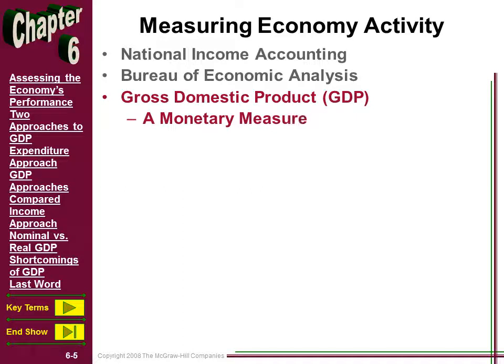Gross domestic product, the primary idea here is it's a monetary measure, okay? We looked at that equation, GDP equals P times Q. So we're measuring the quantity of goods and services produced, right? How many air conditioners and how many trips to the dentist and how many people got dry cleaning service and how many cars and trucks and motorcycles were produced in the United States and how many airplanes were produced at Boeing, right?